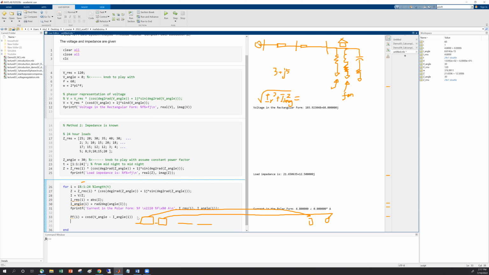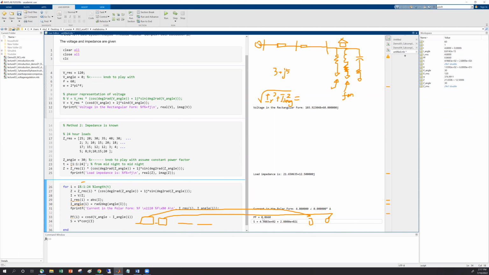After this, we can compute S equals V times the conjugate of I, similar to last time, okay? So this will print out the power value of it.